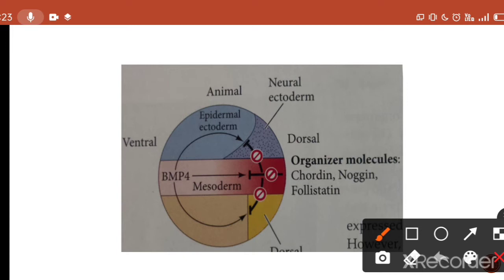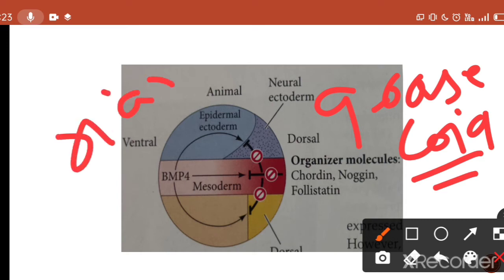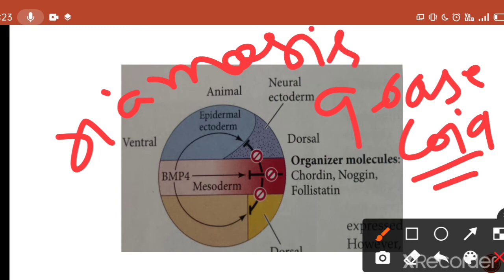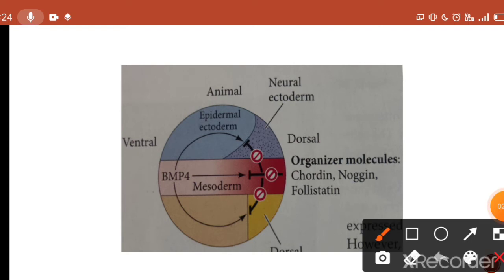However, during gastrulation, some transcription factors such as goosecoid, induced by Siamois and Twin, prevent the transcription of BMP4 in the dorsal region. This is the dorsal region, this is the ventral region.